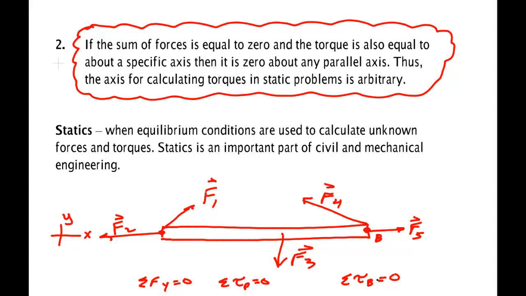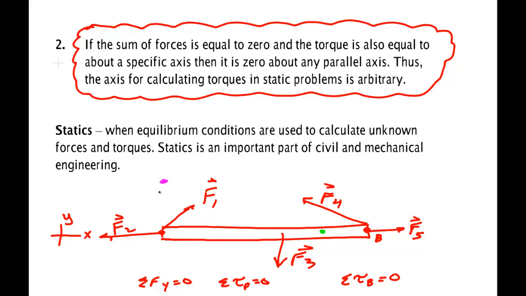It turns out, how do you know that that'll work? If the sum of the forces is equal to 0, as we're requiring for an equilibrium position, and if the sum of the torques is 0 about an axis, as we were requiring for this problem, then we are guaranteed that no matter which axis you choose, take any place, take out here, take out here, no matter which axis you choose, purple, red, or green, the sum of the torques will be 0 if there's 0 about one of them.